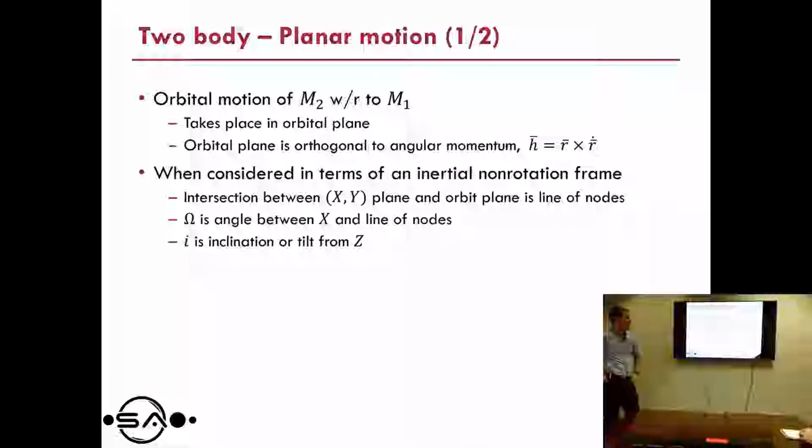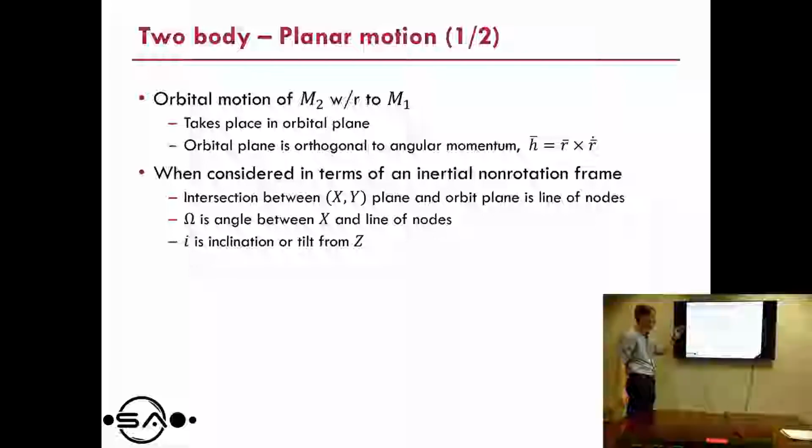All right. So moving on to planar motion, the orbital motion of mass 2 with respect to m1. We just talked about what that differential equation was. It takes place in the orbital plane, and the orbital plane is orthogonal to that angular momentum. When we're considering it in terms of the inertial frame, let's say we have some inertial frame in the center of the Earth, and we're looking at our orbital plane.